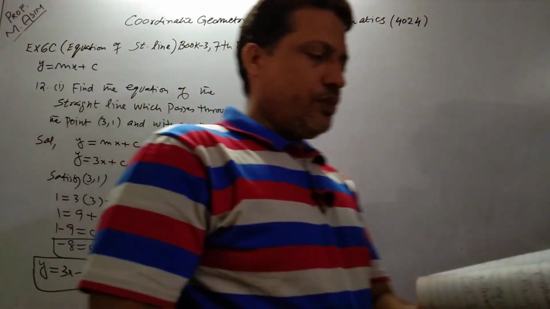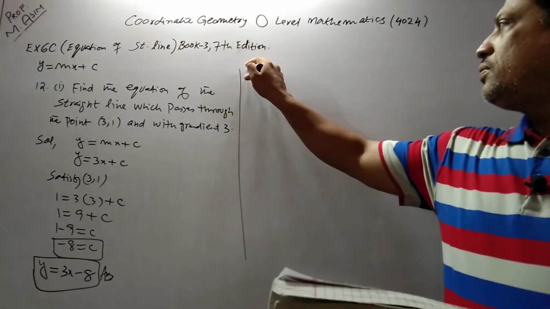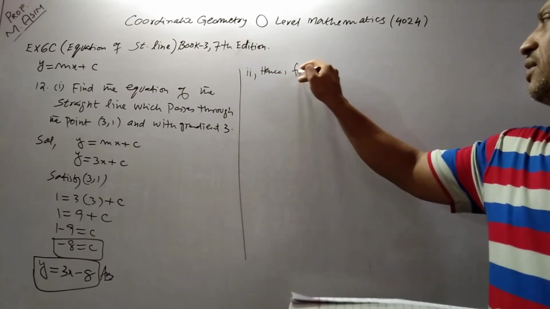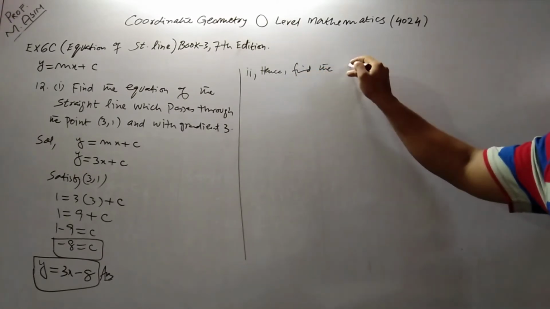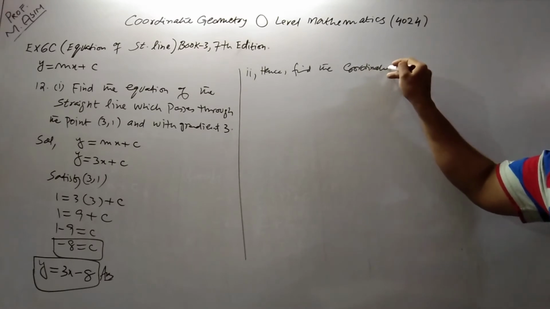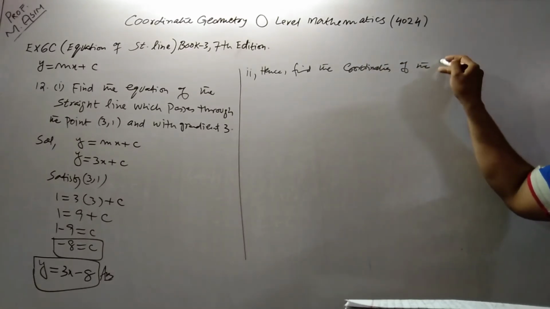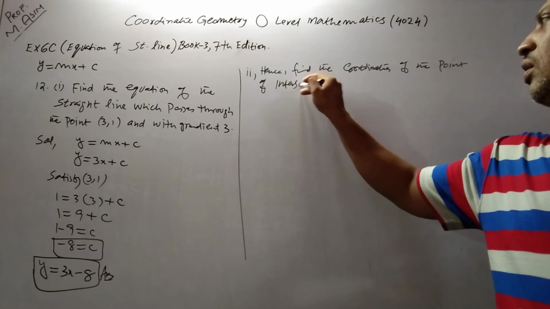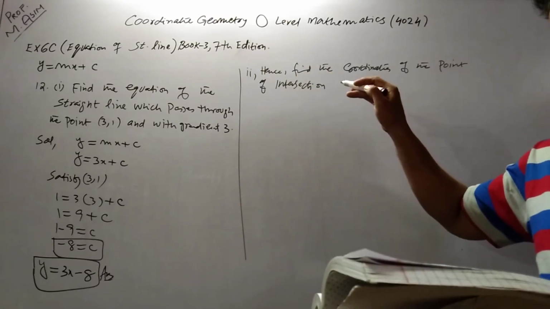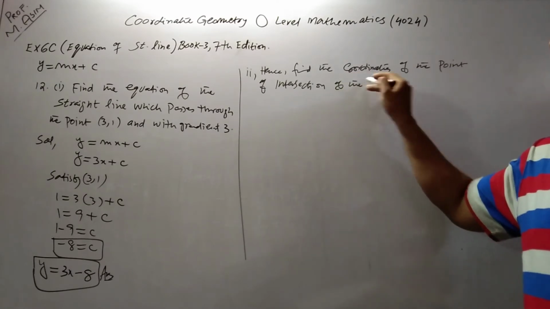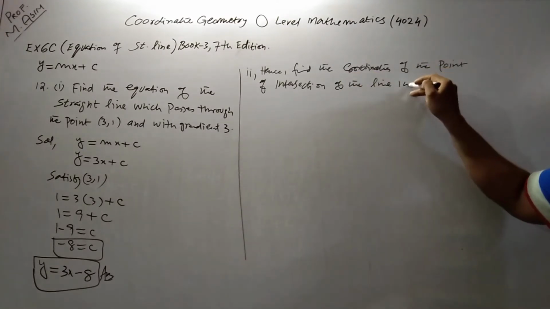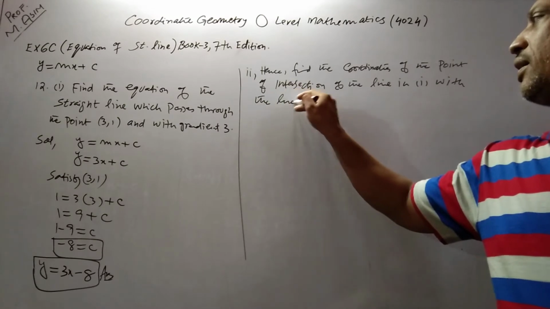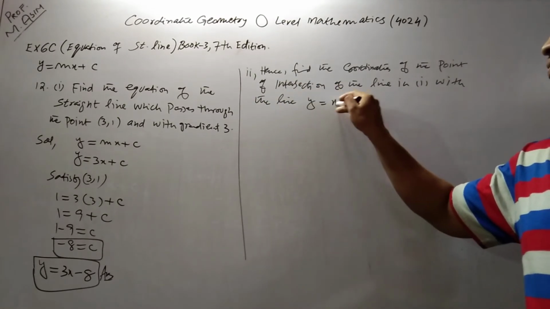See part 2. What is part 2? Hence, find the coordinates of the point of intersection of the line in part 1 with the line y = x.